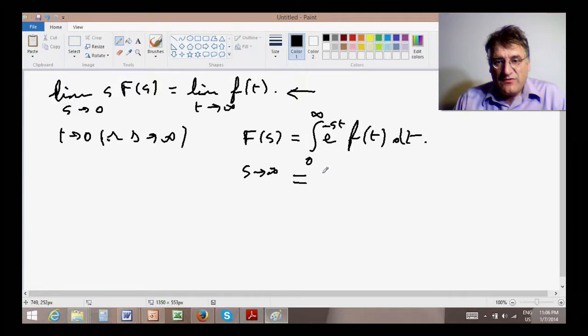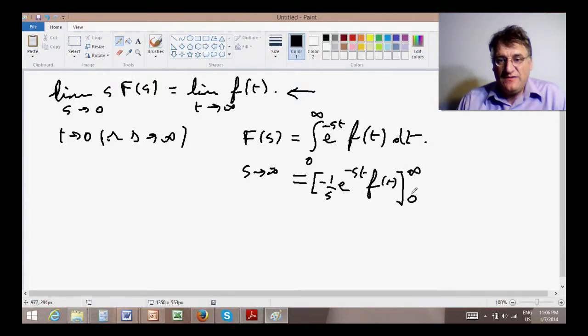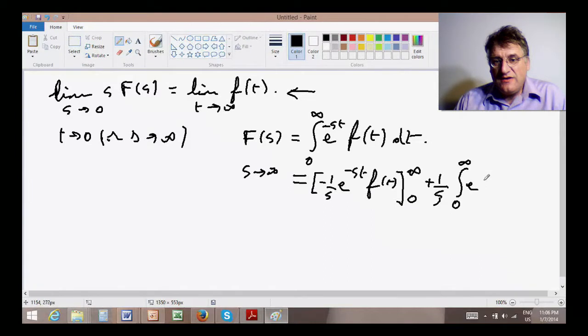So we can write this as minus 1 over s times e to the minus st f of t taken between 0 and infinity, so we take the value at infinity minus the value at 0, plus 1 over s times the integral from 0 to infinity of e to the minus st times f prime of t dt.